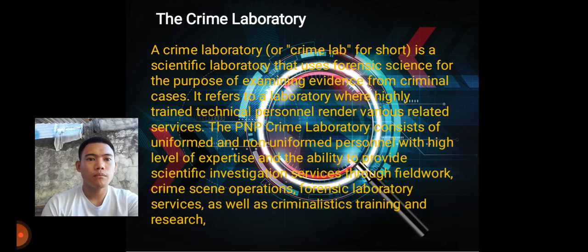The PNP crime laboratories consist of uniform and non-uniform personnel who have a high level of expertise and the ability to provide scientific investigation services through fieldwork, crime scene operation, forensic laboratory services, as well as criminalistic training and research.